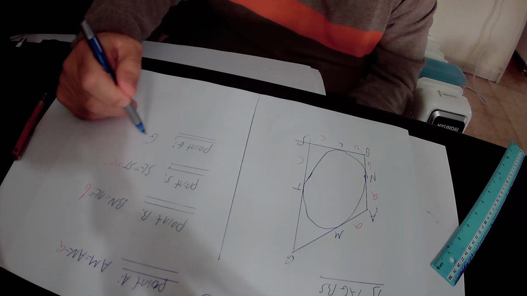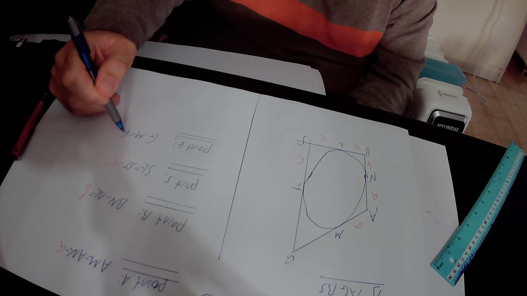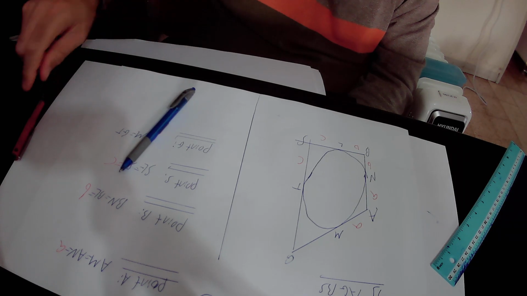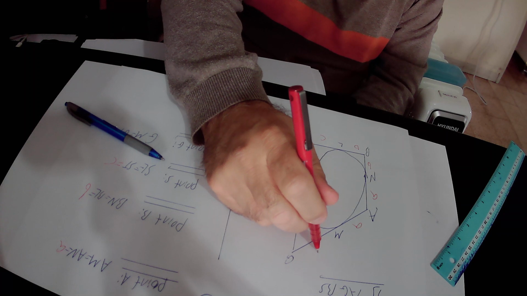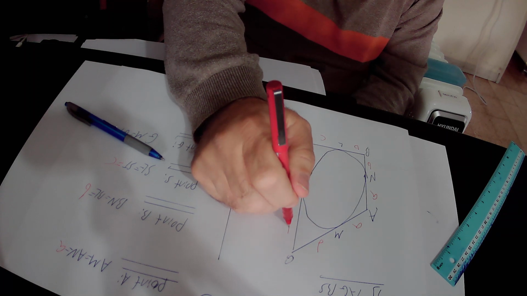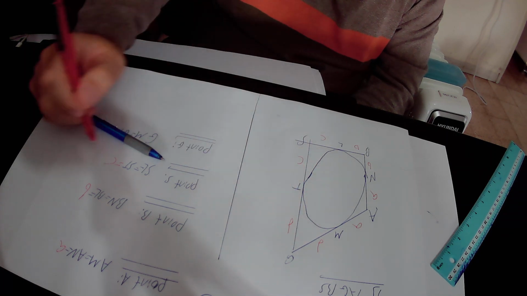That is to say, GM equals GT. So if we define the length of tangent GM as d, then GT must also equal d.